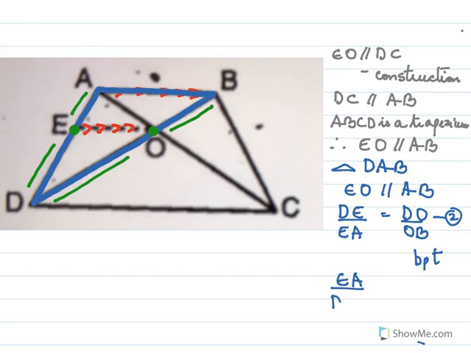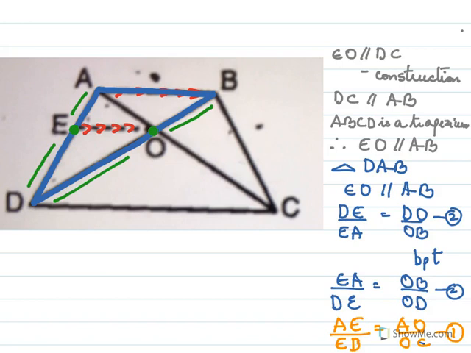We'll just reverse this, and on reversing we will get EA over DE equal to OB over OD. But earlier we have proved by equation 1 that AE over ED equal to AO over OC. This is by equation 1, and we call this equation 2.